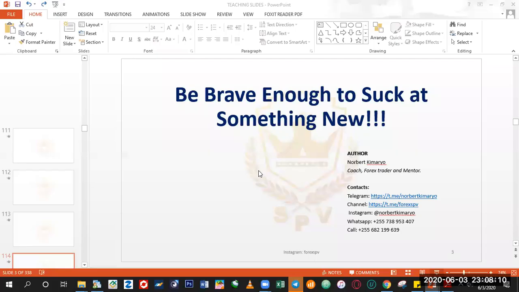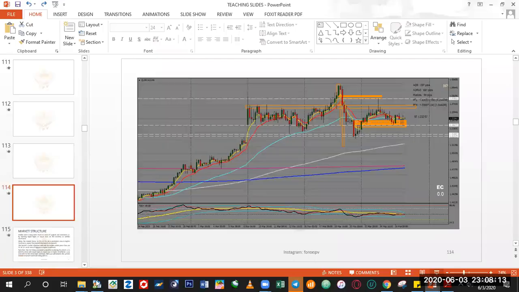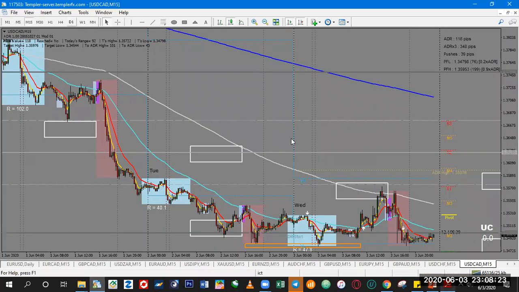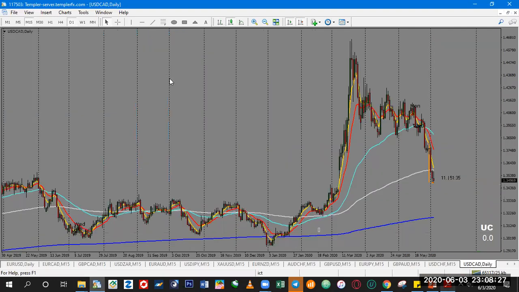And one student had told me about USD CAD. Where is USD CAD here? So on the daily, when you look at USD CAD, we have a gap here that has to be filled.